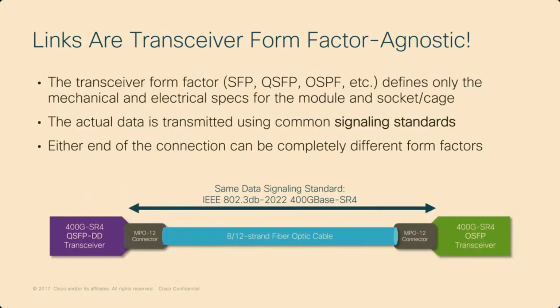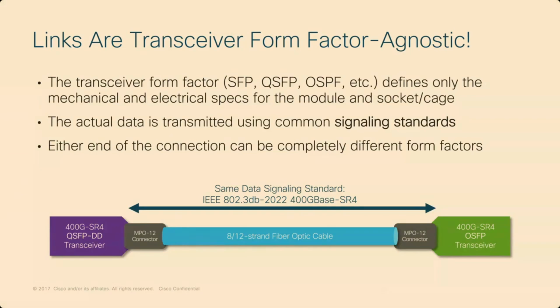So what happens if I want to communicate between two devices and one is an OSFP device and one is using QSFP-DD? The answer is use the correct transceivers from each vendor and just make sure that they are using the same signaling standard. So in this example here, I'm using 400 gig SR4. And so I have a QSFP-DD transceiver on the left side, an OSFP transceiver on the right side.